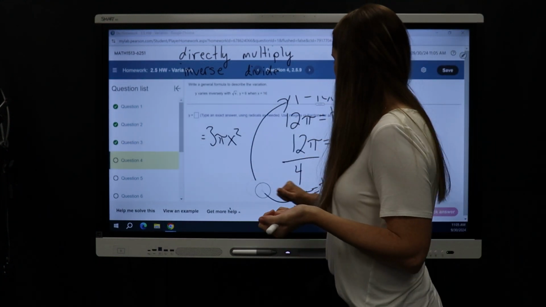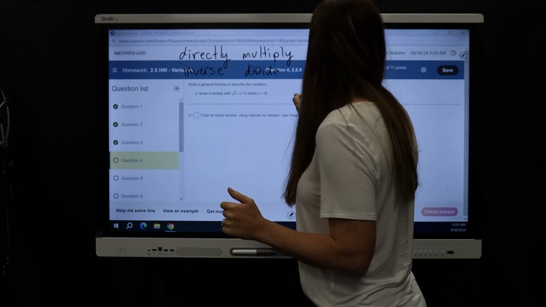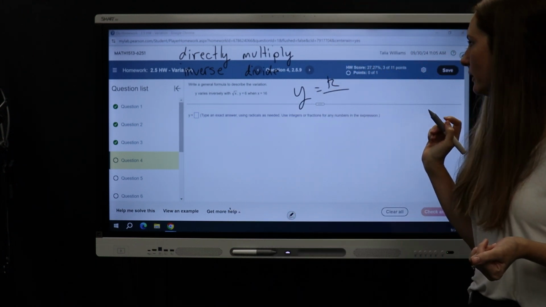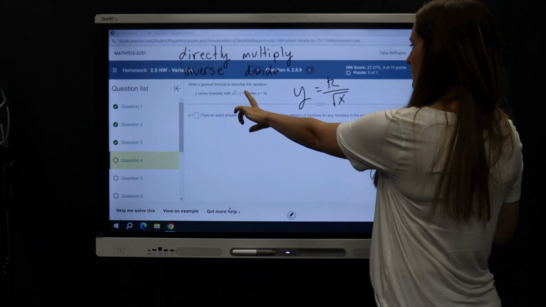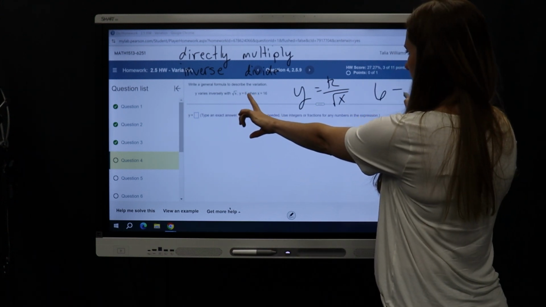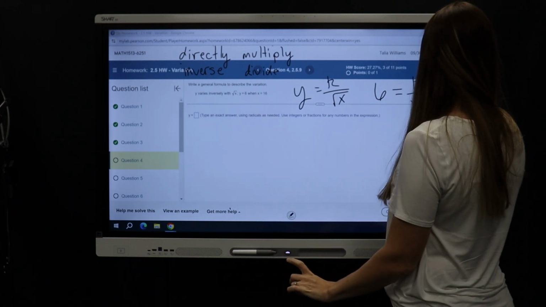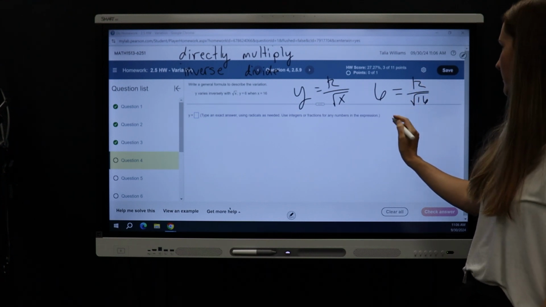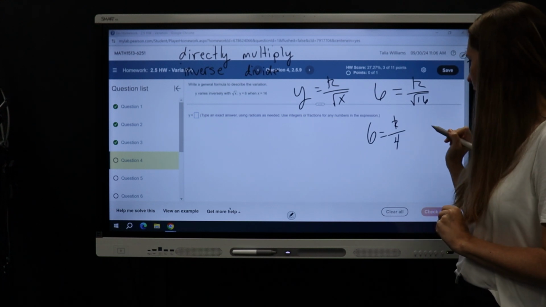Y varies inversely, so inverses are division ones, but we still, y equals k over the square root of x. And then they tell us y is 6, equals k over our square root of x, and x is 16. So we're going to go ahead, and the square root of 16 is 4.